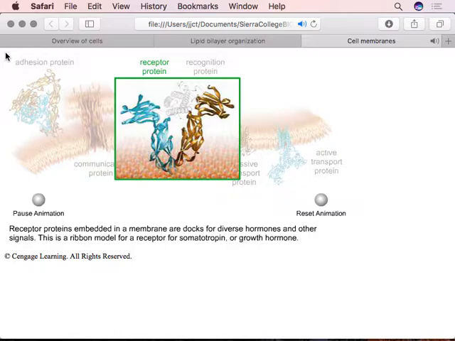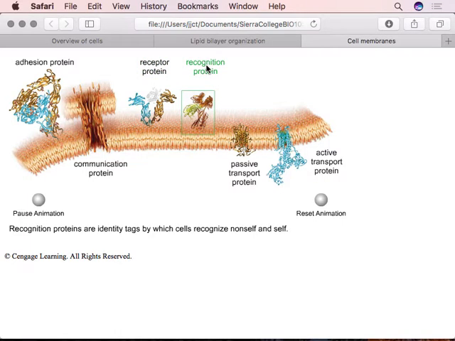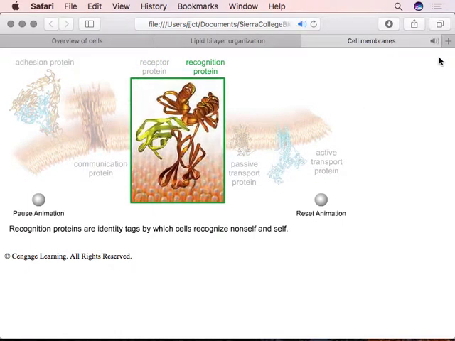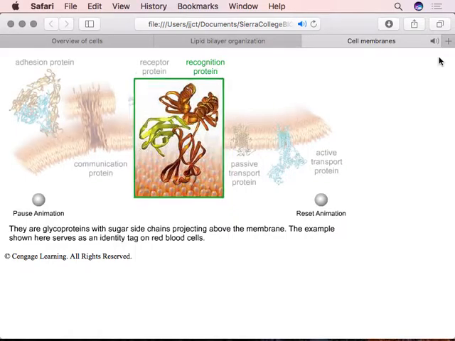This is a ribbon model for a receptor for somatotropin, or growth hormone. Recognition proteins are identity tags by which cells recognize non-self and self. They are glycoproteins with sugar side chains projecting above the membrane. The example shown here serves as an identity tag on red blood cells.